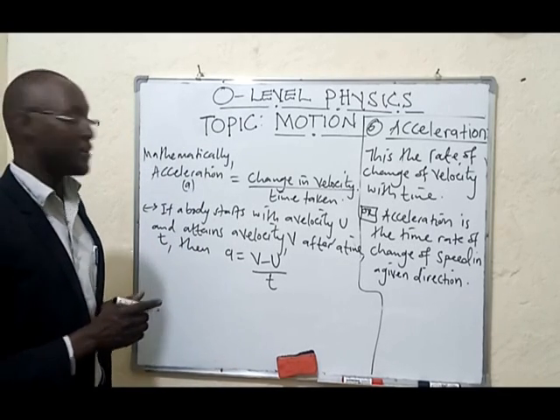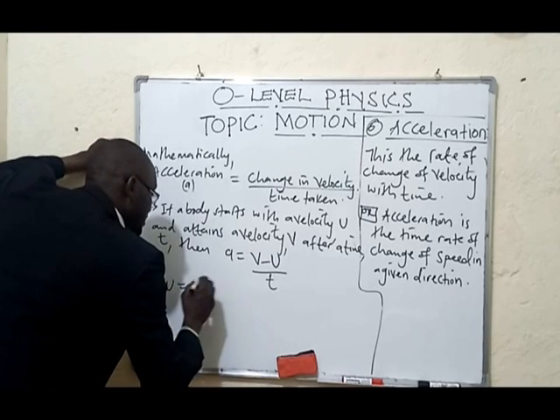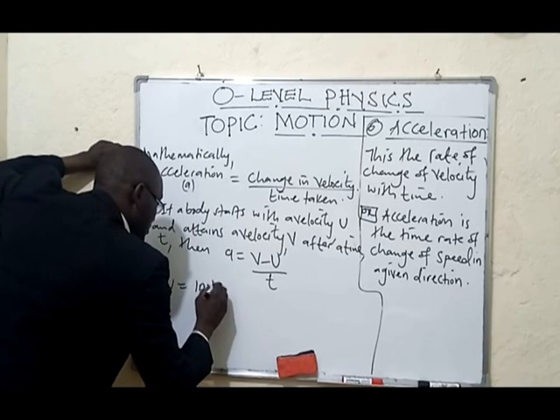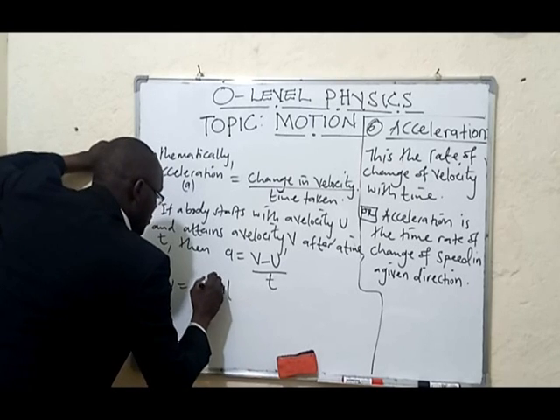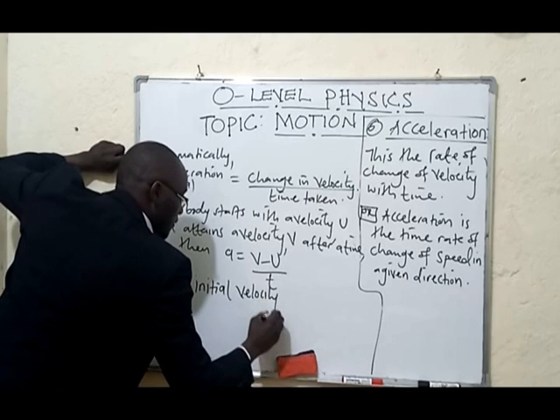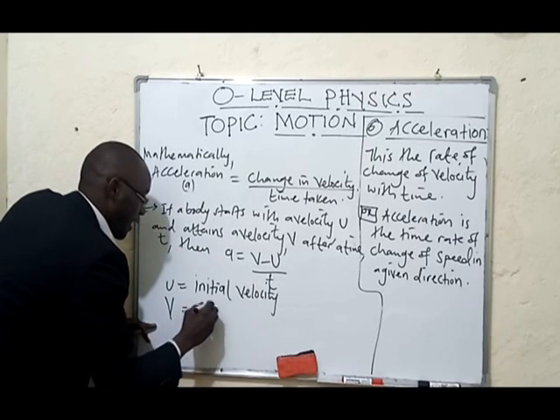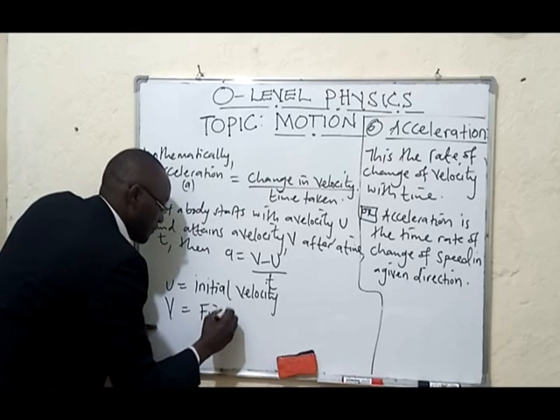Is it okay? u is equal to starting velocity. To start is the initial position, so we call it initial velocity. Then v is the final velocity.